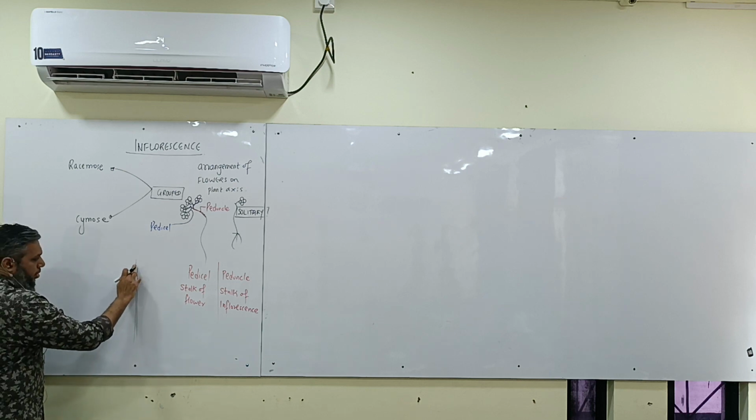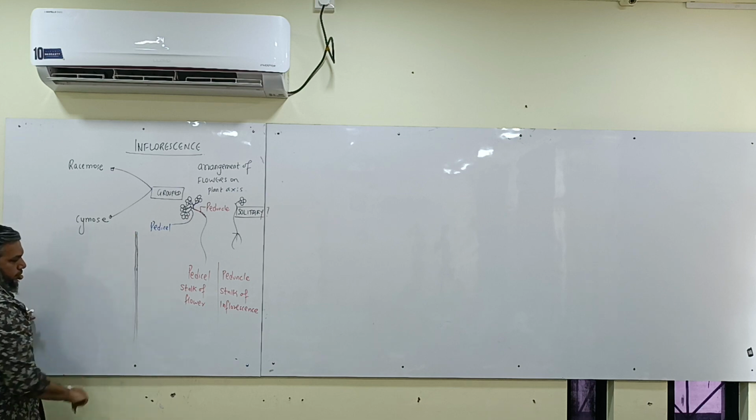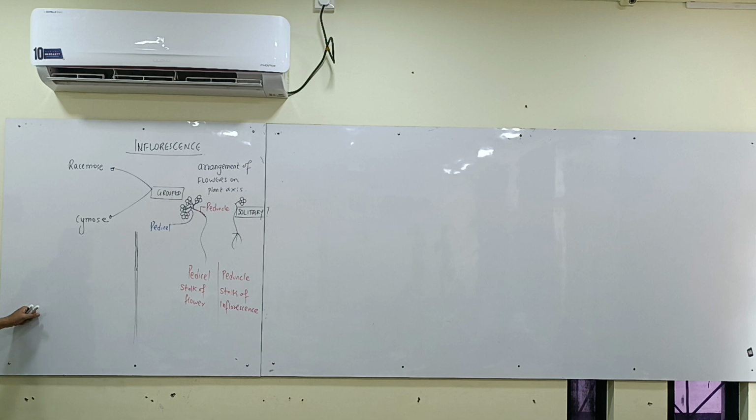अब ये apical part, it continues to grow. So the peduncle will have a limited growth or an unlimited growth? Unlimited growth.